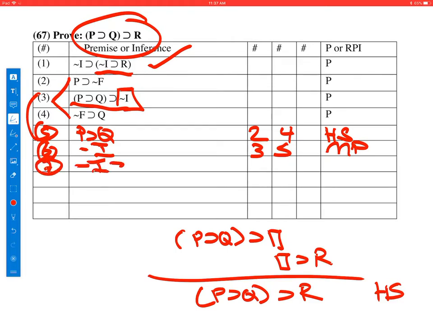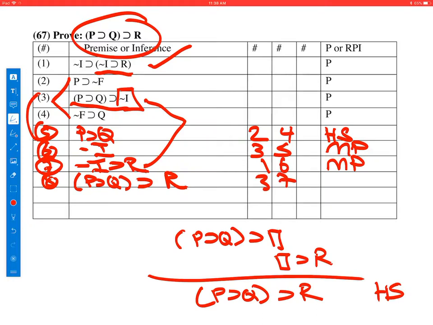And with that I can get not I then R from 1 and 6, modus ponens. Now I have the two pieces I said I needed. Look at 3 and 7, and I can put them together. I have P then Q then R from 3 and 7, HS.